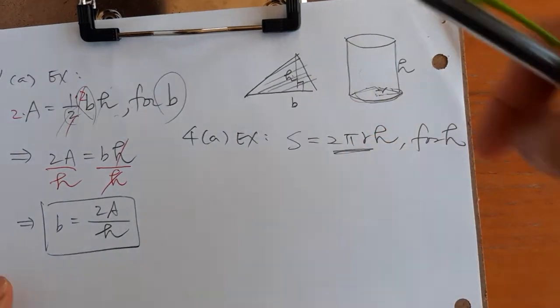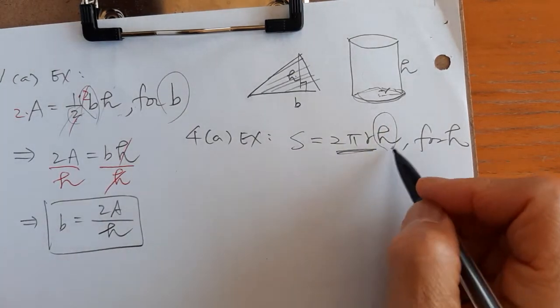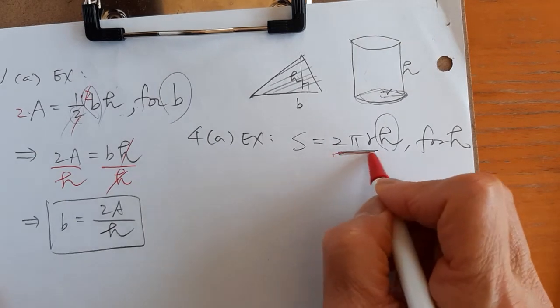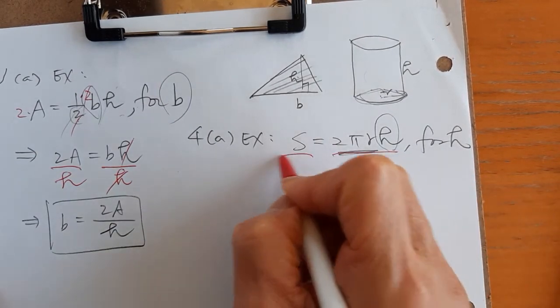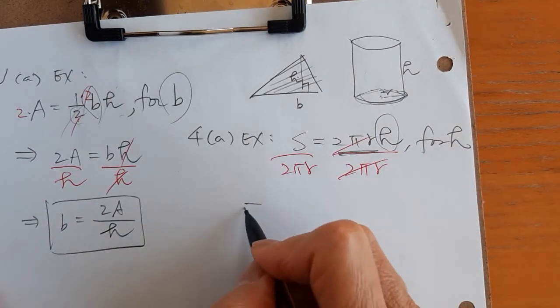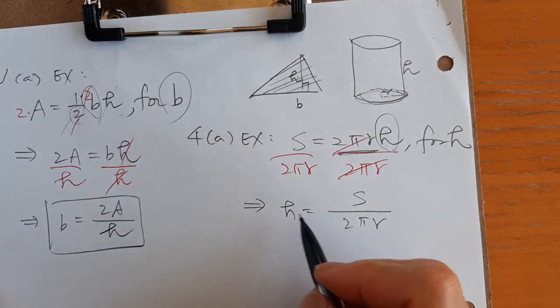That's the lateral surface area formula around the cylinder. Solve for h, so isolate h. So isolate h, you just do what? Divide by 2 pi r on both sides. Cancel 2 pi r and get h. So h equals s over 2 pi r.